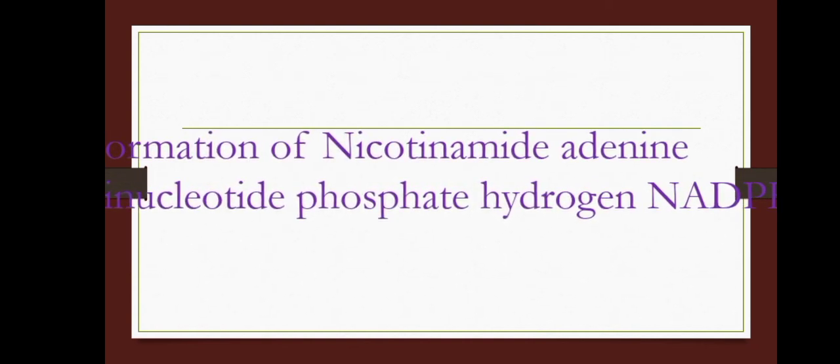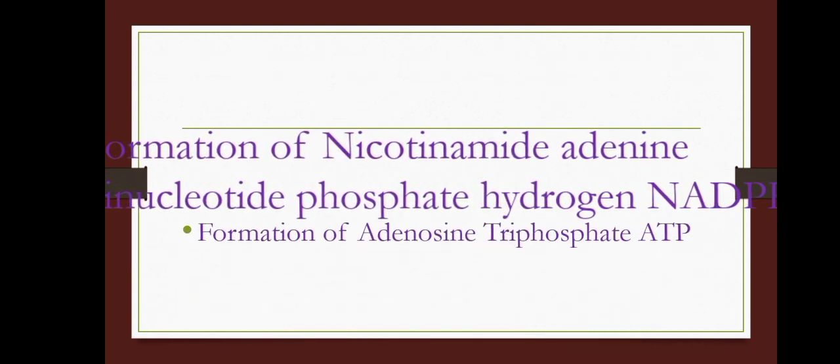Now, the fourth step is the formation of ATP, known as adenosine triphosphate. Here, the chloroplast contains ADP, adenosine diphosphate.